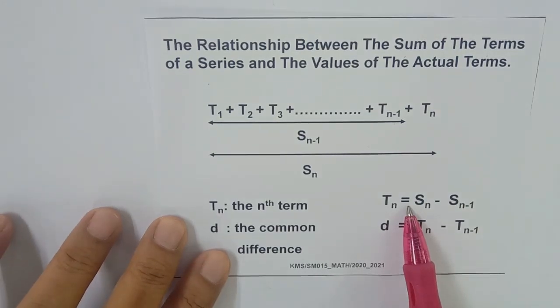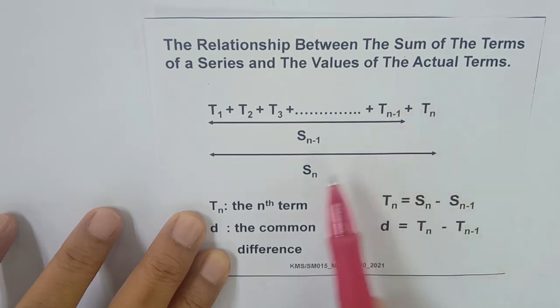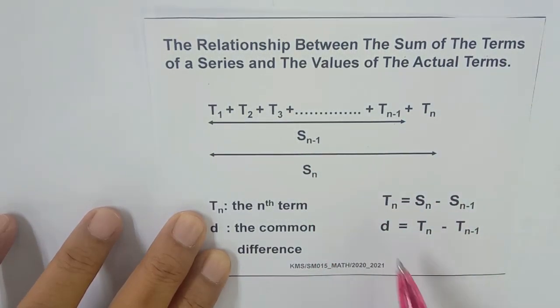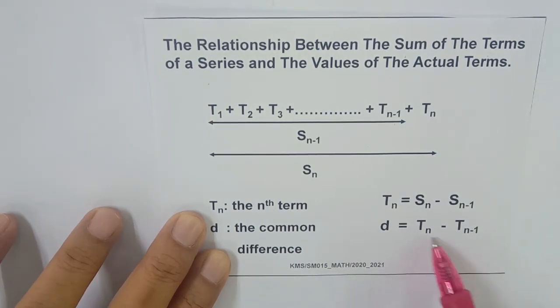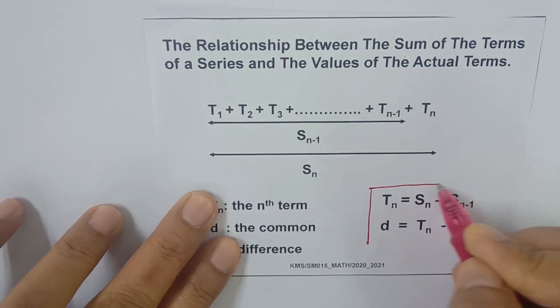So we observe Tn equal to Sn minus Sn minus 1, and the common difference equal to Tn minus Tn minus 1. This is an important formula.